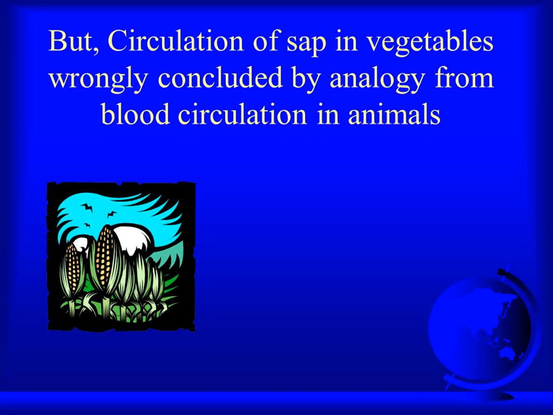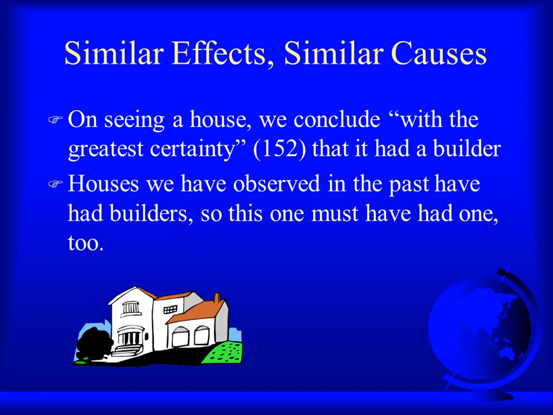So a weak argument from analogy not only does not support the conclusion you want to draw, but you may actually draw a wrong conclusion. Think about Hume as a skeptic regarding the existence of God, right? And so he says we need similar causes for similar effects.